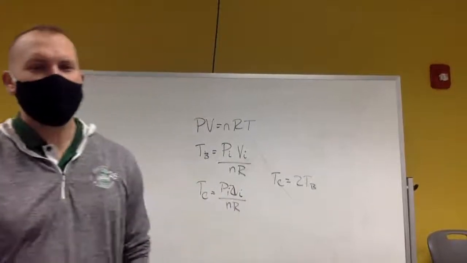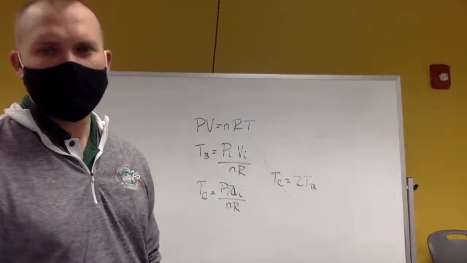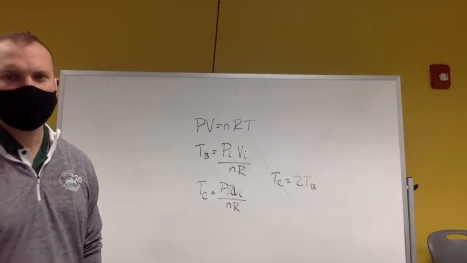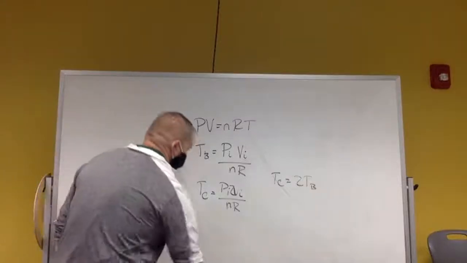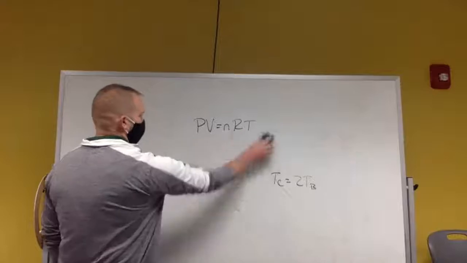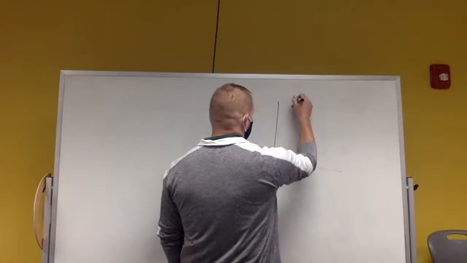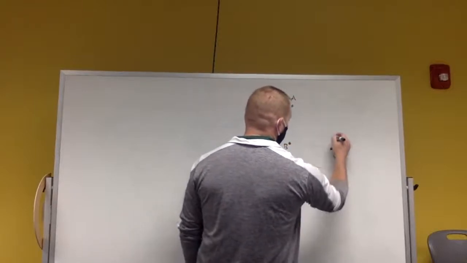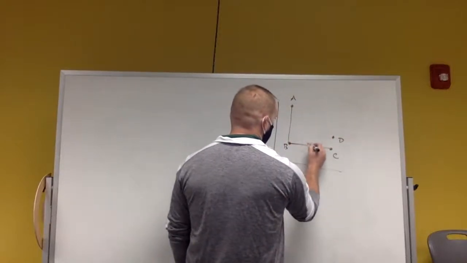Next: find the pressure at point D in terms of Pi. I'm just going to draw the graph up here so I can see. A's here, B's here, C's here, and D's here, and it goes this way.